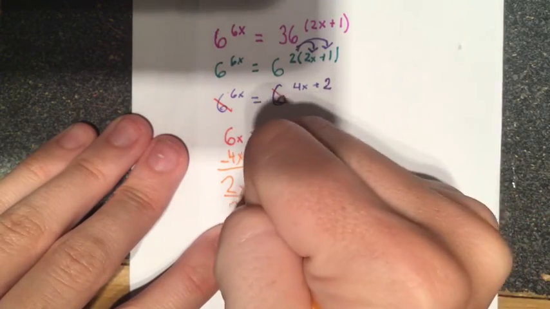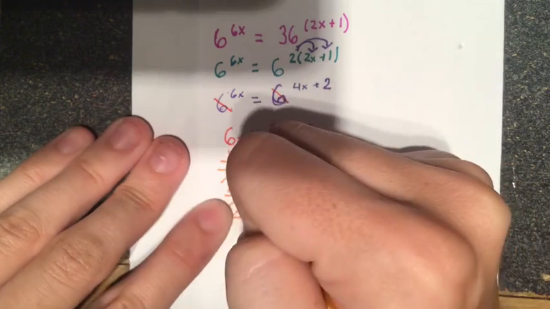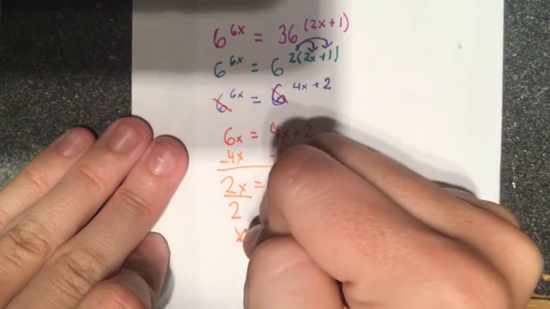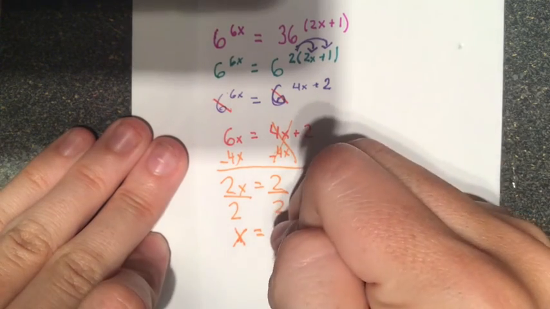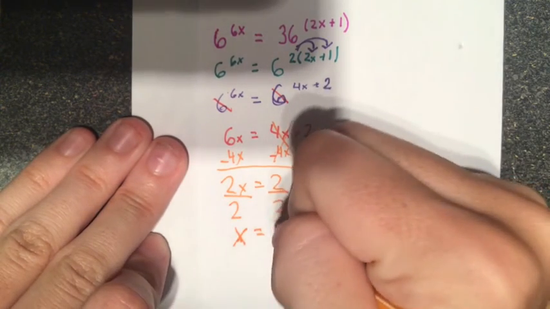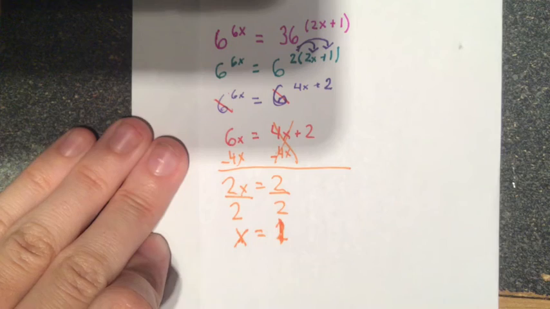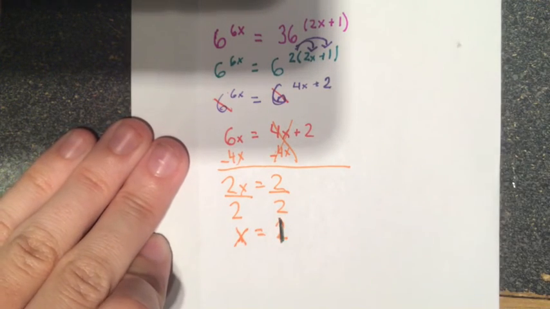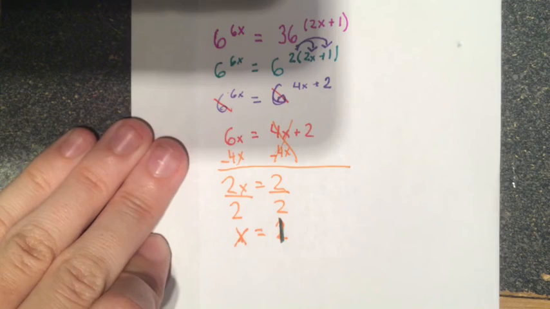Isolate my x again. I have to divide by 2, divide by 2. I'm going to be left with an answer of x is equal to, that's a pretty stingy x, is equal to 1. Let me rewrite that in a darker color so that we don't write down the incorrect number there. We have is equal to 1.